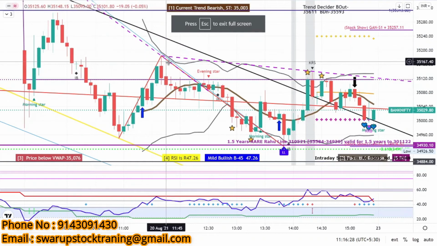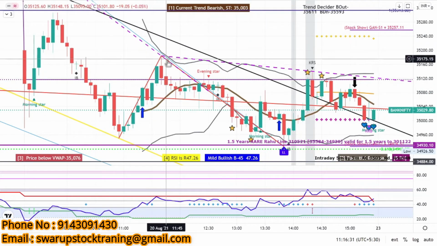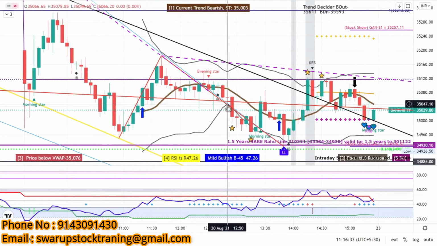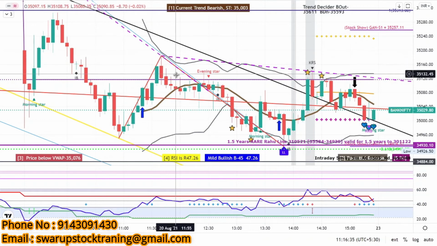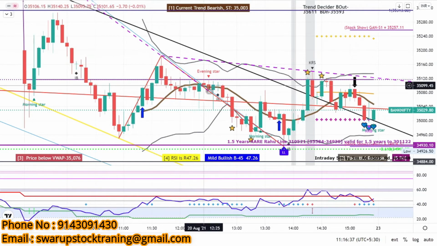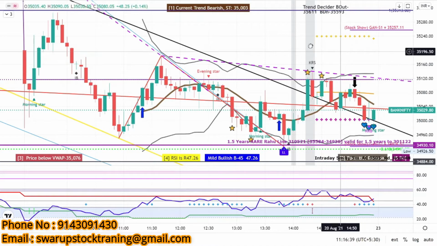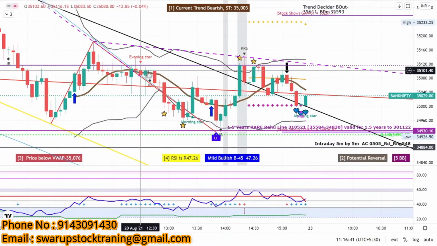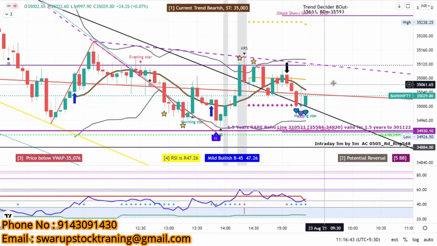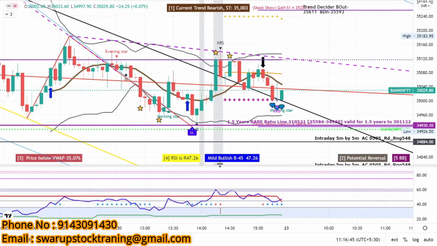Now from here you get a very good angling trend line. It has been rejected, so the stock is not able to come up. Then the Cobra line, if you look at it, is also going down. And you have the relay system saying the stock is mild bullish. That means the current trend is showing bearish, but now from bearish it is turning bullish.